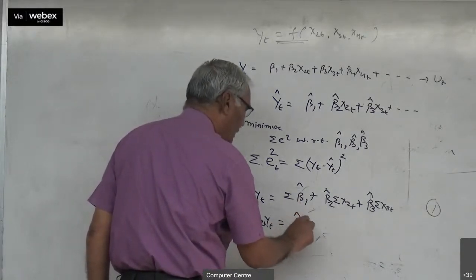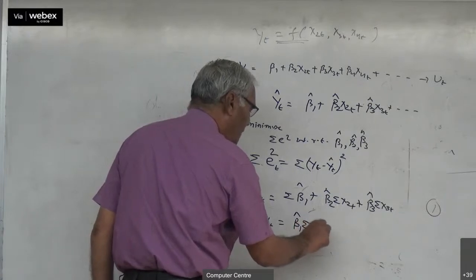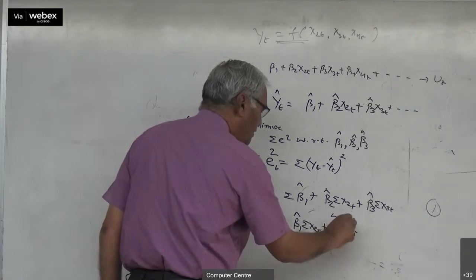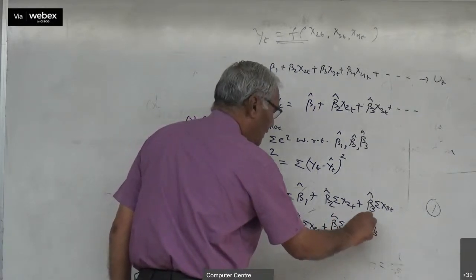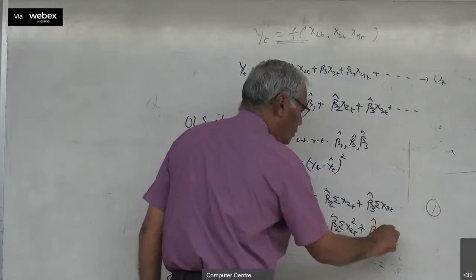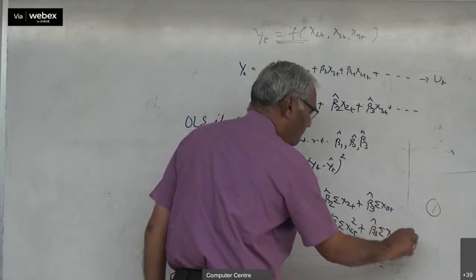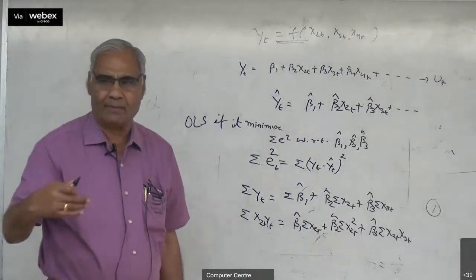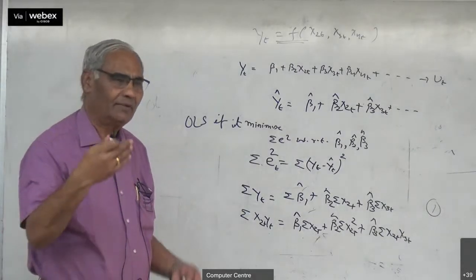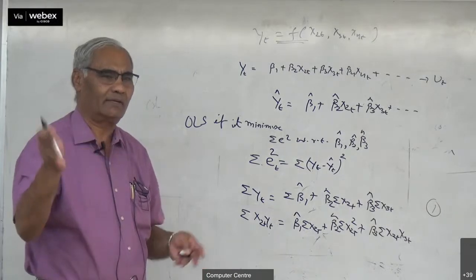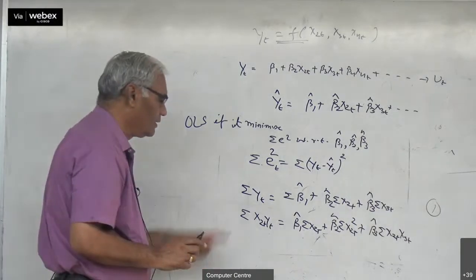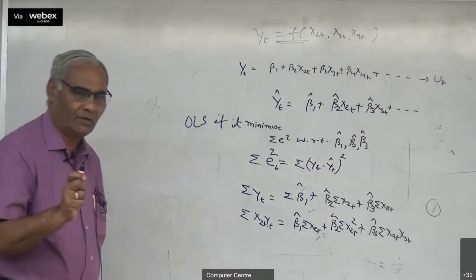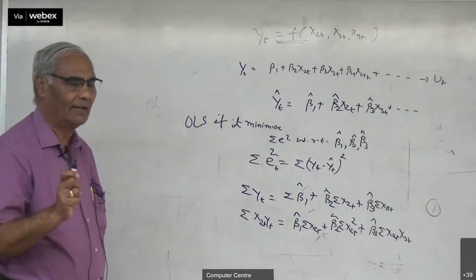So beta 1 cap summation x2t plus beta 2 cap summation x2t square plus beta 3 cap summation x2t x3t. अगर t बार बार लिखने में डिफिकल्टी है तो राइट डाउन जस्ट x2 x3, that will do the work.